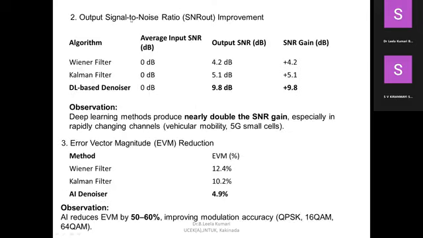And also the signal to noise ratio improvement: if you see, the deep learning based denoiser has a higher output signal to noise ratio when compared to the other two techniques. And the error vector magnitude for the AI denoiser is 4.9%.